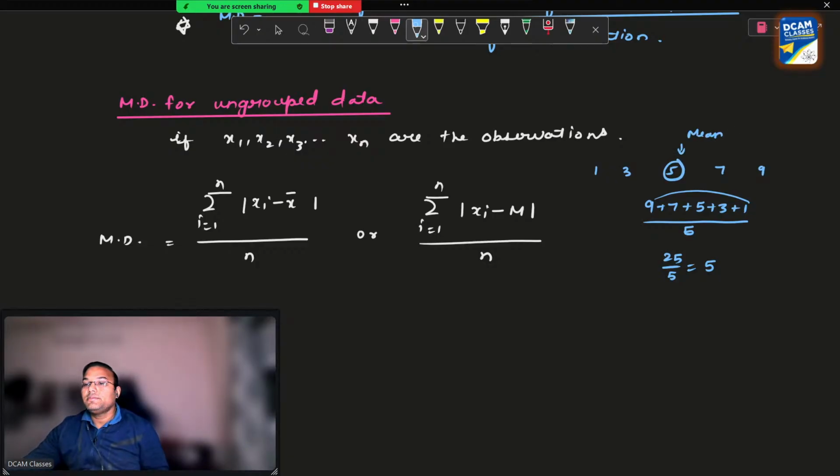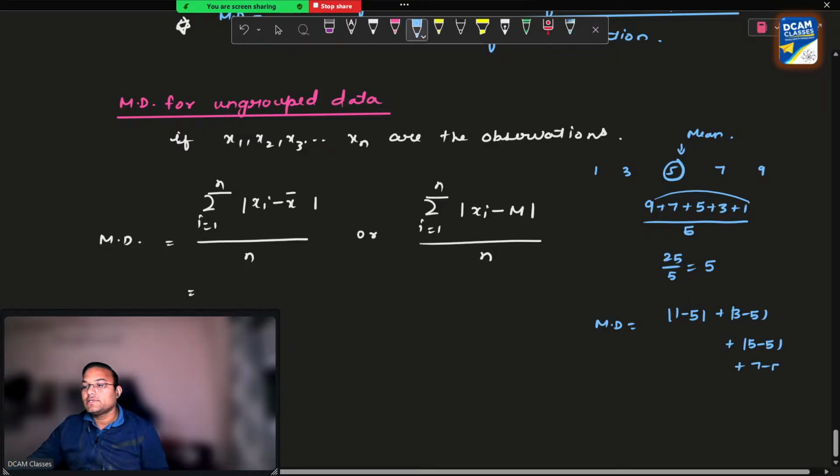Now, when you're calculating the mean deviation according to this formula, mean deviation will be |1 minus 5| plus |3 minus 5| plus |5 minus 5|, so it will be 0, plus |7 minus 5| plus |9 minus 5|, whole divided by 5.